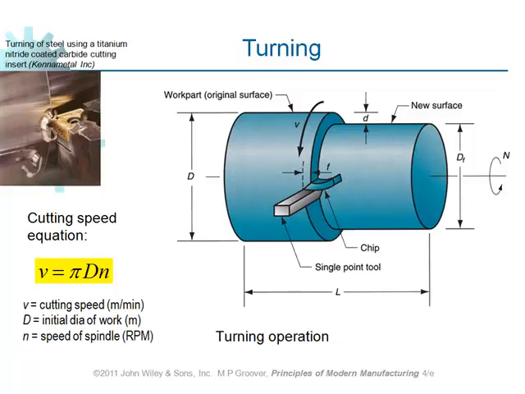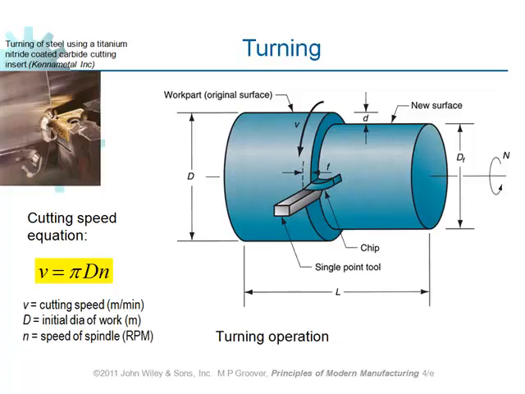And also the depth of cut, which is the amount of penetration of the cutting tool into the surface of the workpiece, can also be adjusted, which is called depth of cut or lowercase d. The initial dimension, the initial diameter of the workpiece, which is rotational, is defined by capital D, or sometimes D0.